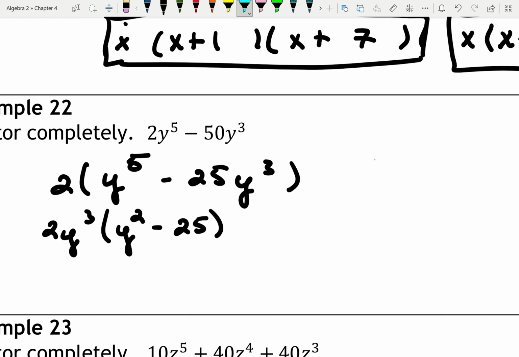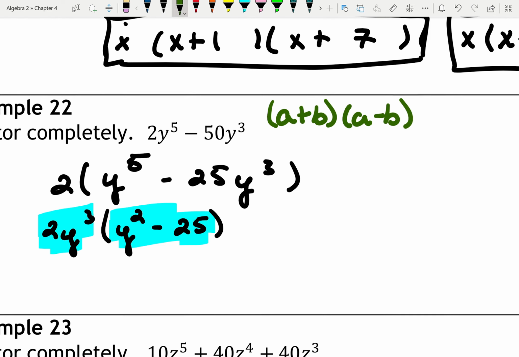Now, the 2y cubed hanging out front, that is factored fully. But the y squared minus 25, that is a difference of two squares. And there's a formula that we might remember, might not. If we have (a plus b) times (a minus b), and you multiply those, it'll be a squared minus b squared.